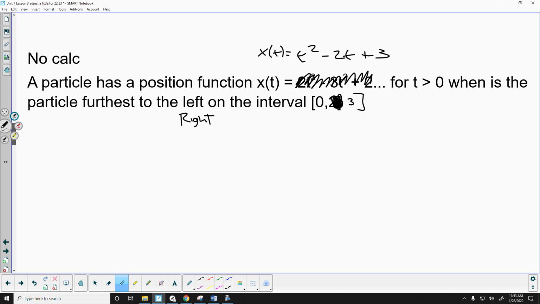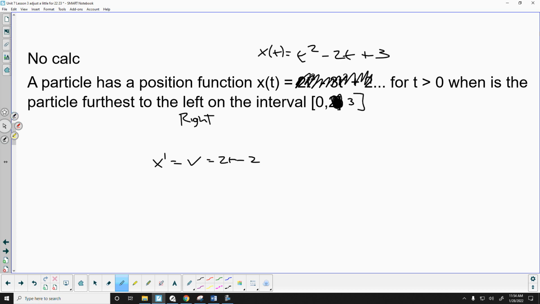All right, well, we know furthest left, furthest right is a max or a min. Finding a max or a min, you take the derivative and set it equal to 0. Or now we can think of it like, if I know the motion of my guy, if I know the velocity, I can figure out when I'm furthest right, furthest left.